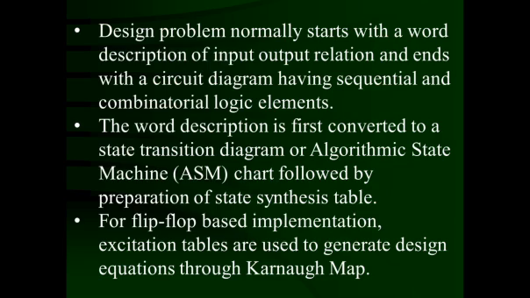That is called a transition from one state to the other, and that kind of diagram is known as a state transition diagram, or an algorithmic state machine ASM chart, which is followed by preparation of a state synthesis table.